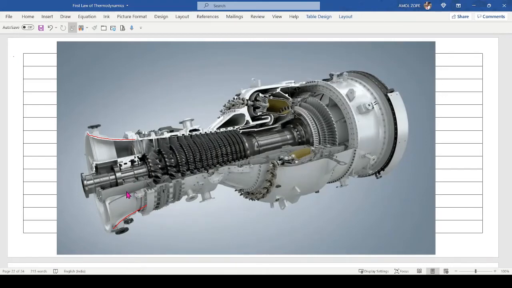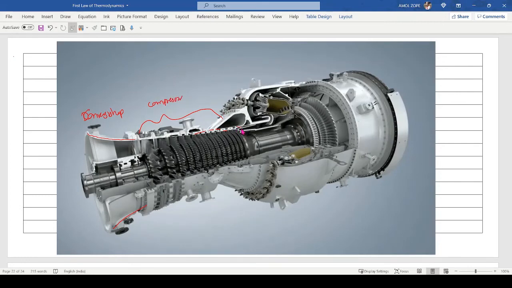So for a compression process, an increase in the pressure process, this is a converging shape. Now there is another mechanism which will increase the pressure, so this portion is called the compressor.